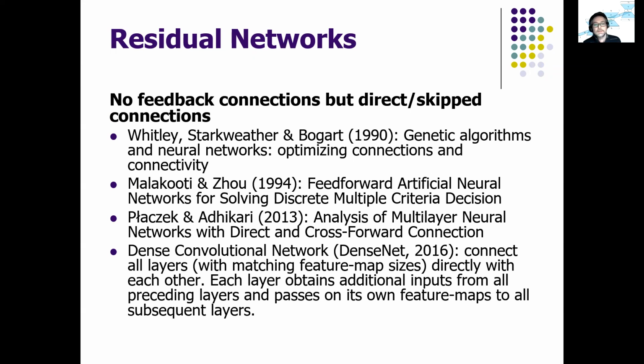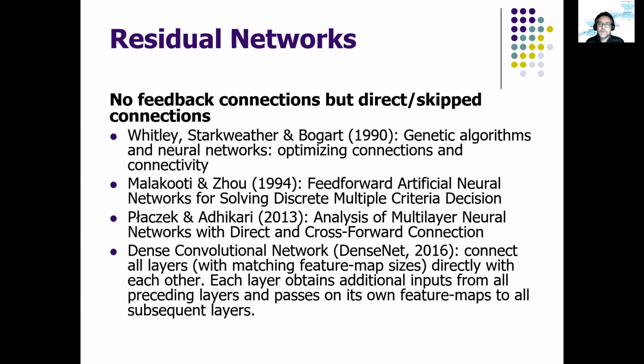An interesting work is in 2013, actually, analysis of multi-layer neural networks with direct and cross-forward connections, where there is a theoretical analysis which shows that the use of this kind of architectures, which have direct connections, or cross-forward connections, as these researchers call them, because you can bypass layers and connect the third layer with a sixth layer, if you like.